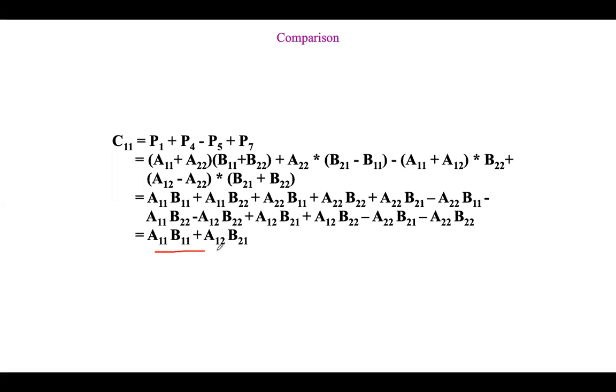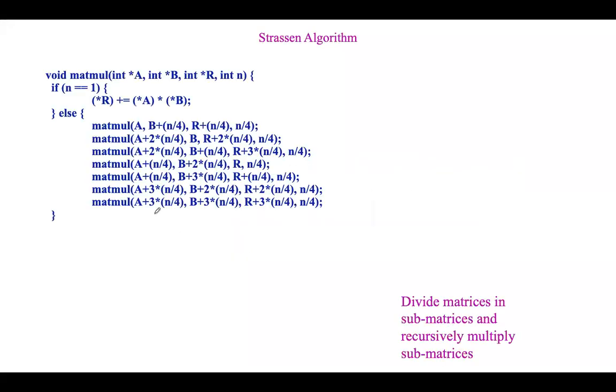Finally, we will get A11 B11 plus A12 B21. If you want to verify, you will get the same values. So this is the algorithm, and this algorithm is not there in the textbook, so don't worry much about it.